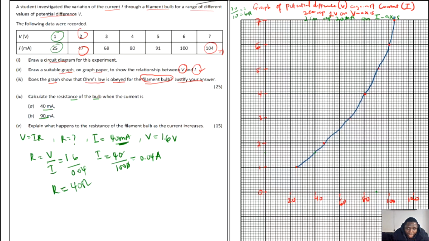So 91 is this, and this is 90 here. When you touch 90 at this point and trace it back, it's almost giving you 5 volts, or 4.9.